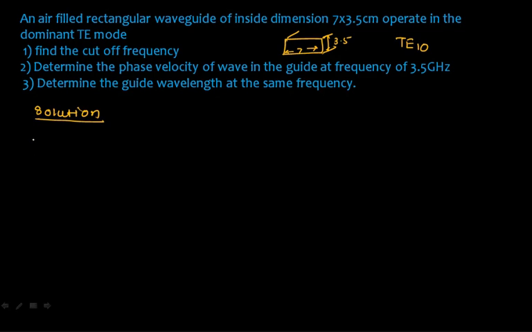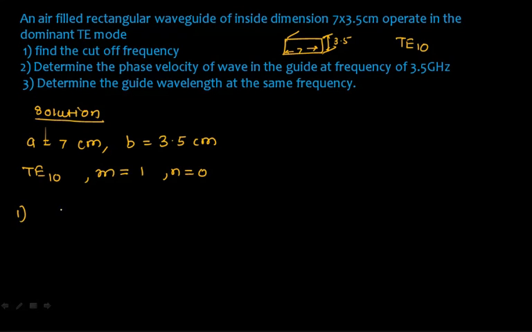First I'll write what is given. The first thing given is A, which is 7 centimeter. The second is B, which is 3.5 centimeter. Dominant mode, that is TE10 mode, means M is equal to 1 and N is equal to 0. Now I need to calculate the cutoff frequency. To know the cutoff frequency, I must know the cutoff wavelength.